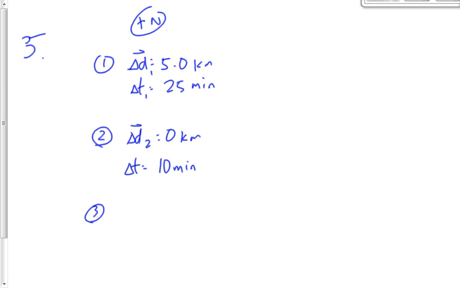In the third stage, we also have a displacement. Looks like 10 kilometers again. And we have a time here of, what do we got, 53 minutes. Is that right?